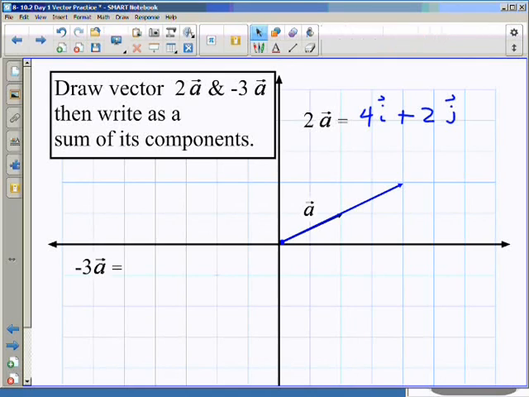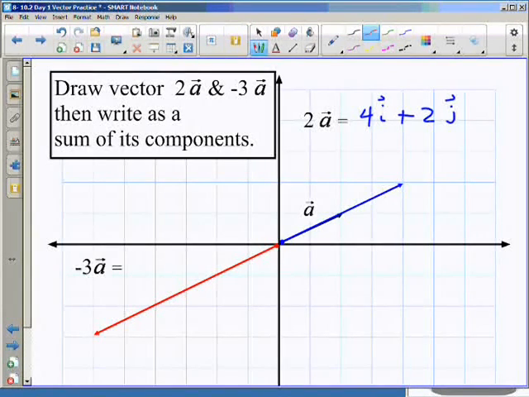Likewise, we can look at a vector negative 3A, this red one, and break it into its components, which is going to be negative 6i plus, well, negative 3j.